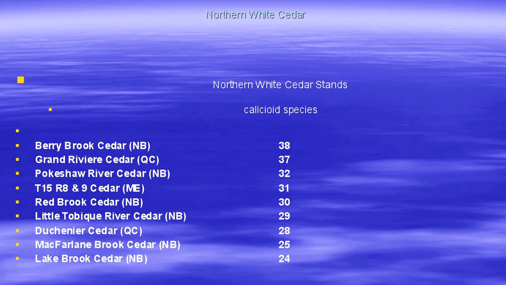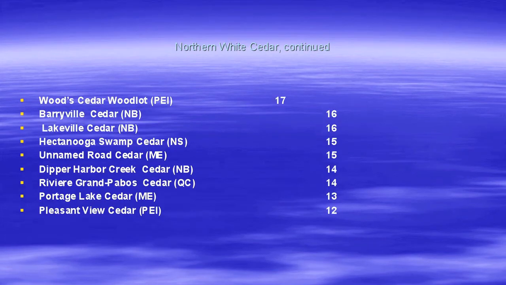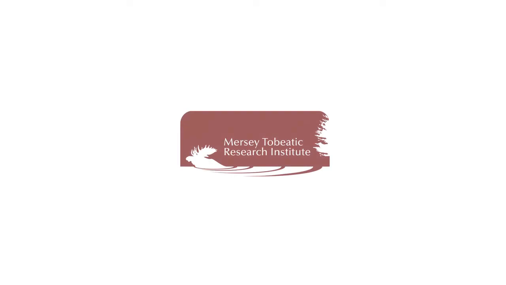I did visit, I think it might be on the next slide, the cedar stand you have here in Hectanooga Swamp. So they had 15, not quite 20, but it was impressive. And that's it.